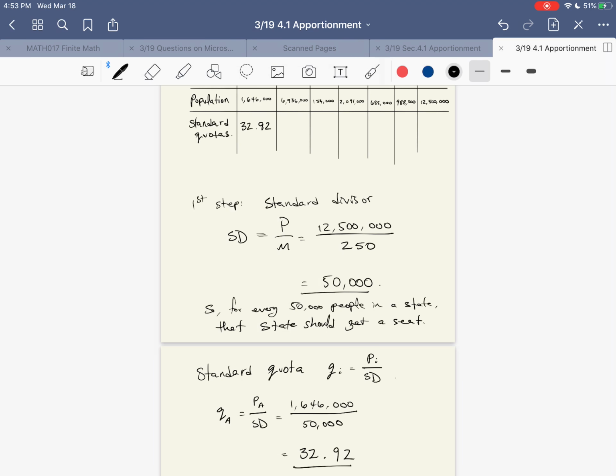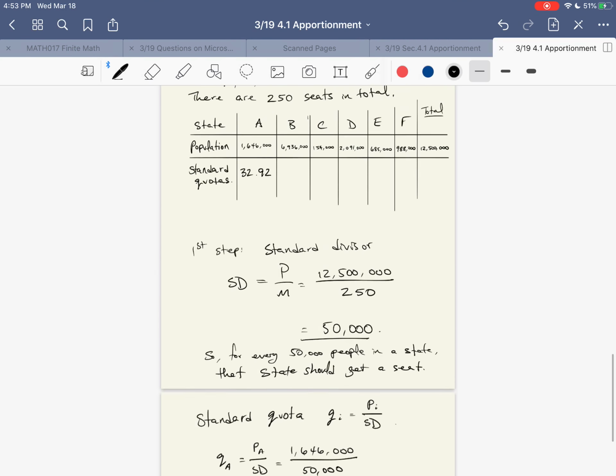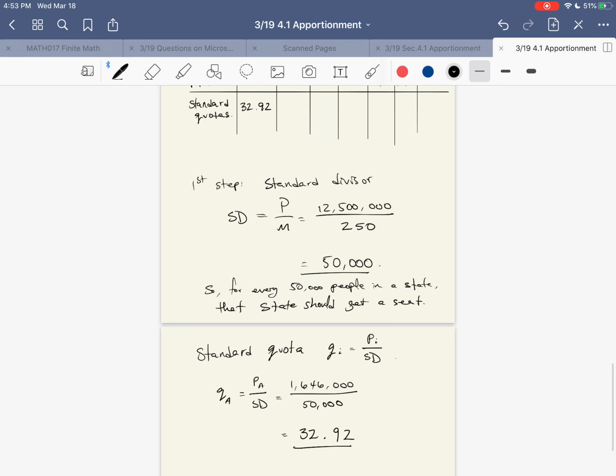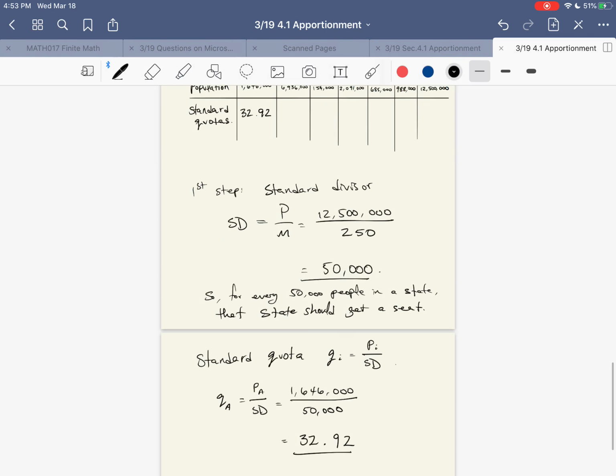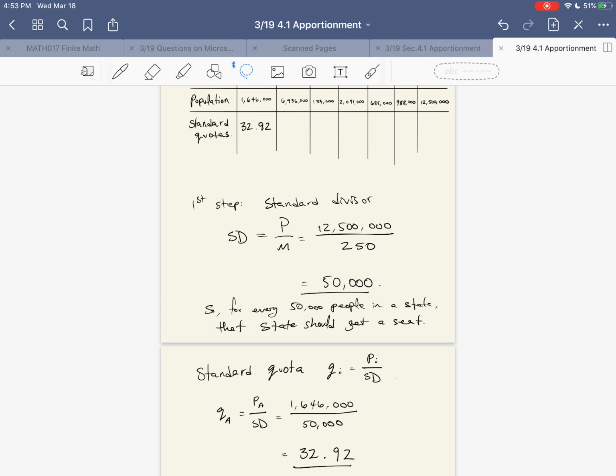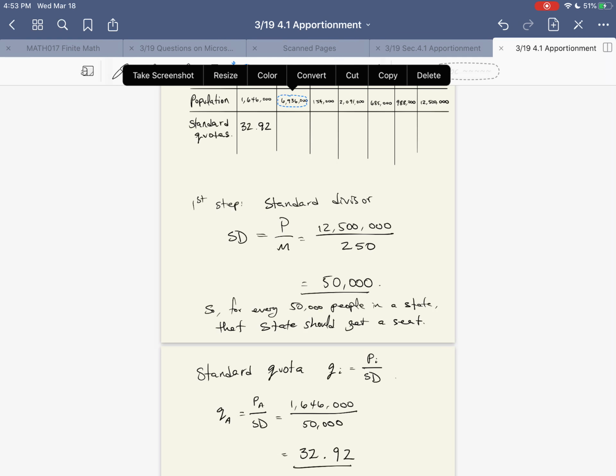Let's enter that into our little table. We could do it for state B, and because your book has already calculated these, I won't do all the rest. But what was the population of state B? Well, that was 6,936,000. I will copy that.